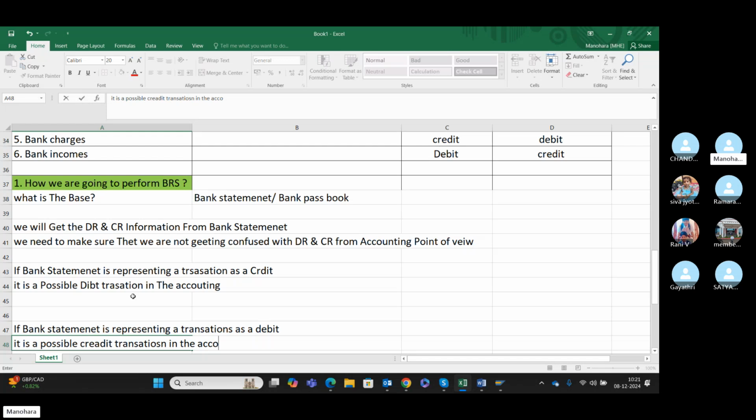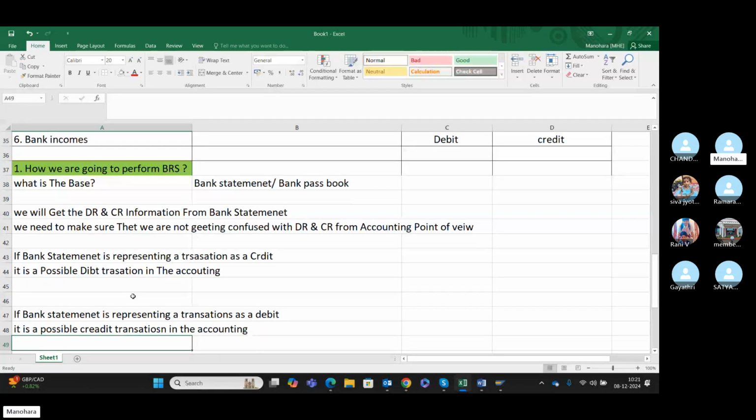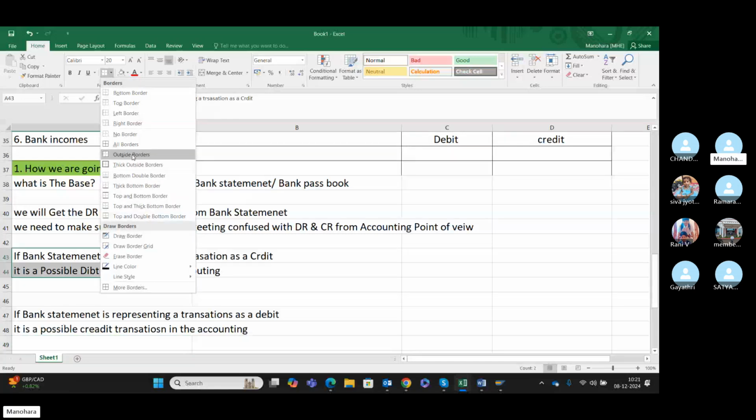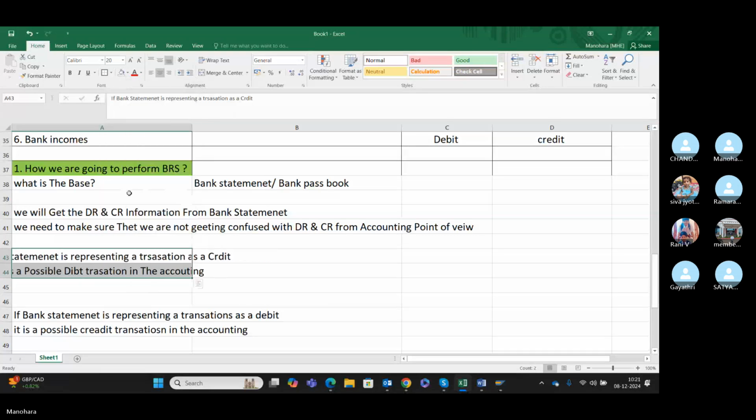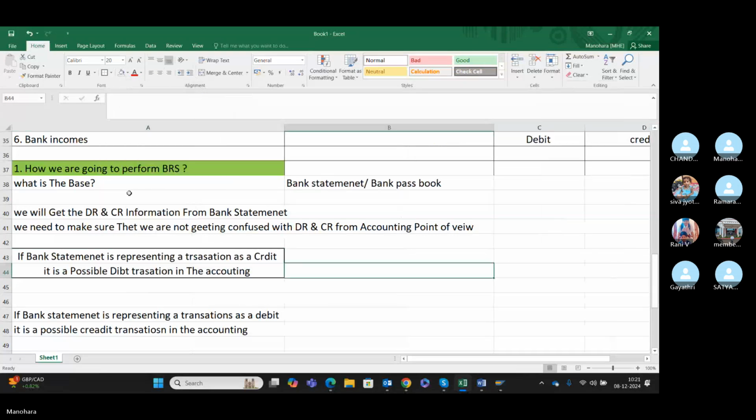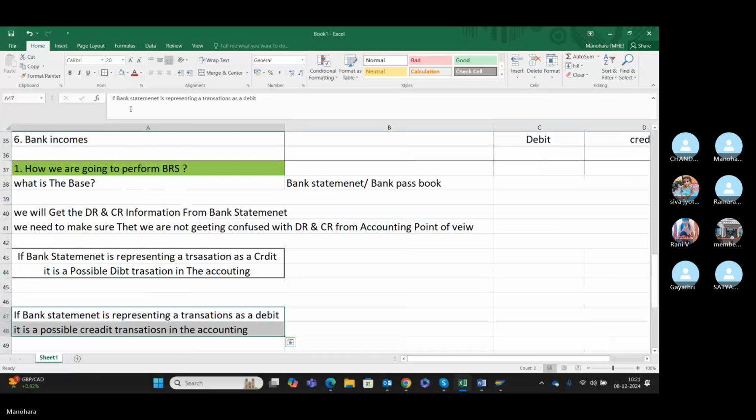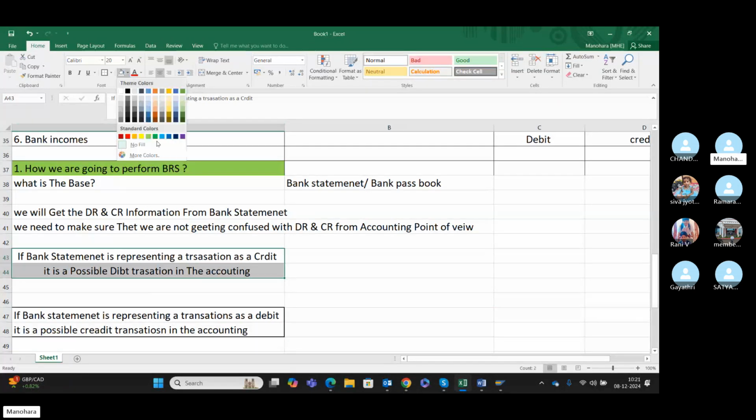So it is quite opposite for the banking and our books, right? Is it correct? Always opposite, right? Is there any confusion in these two statements, as per banking and as per accounting?